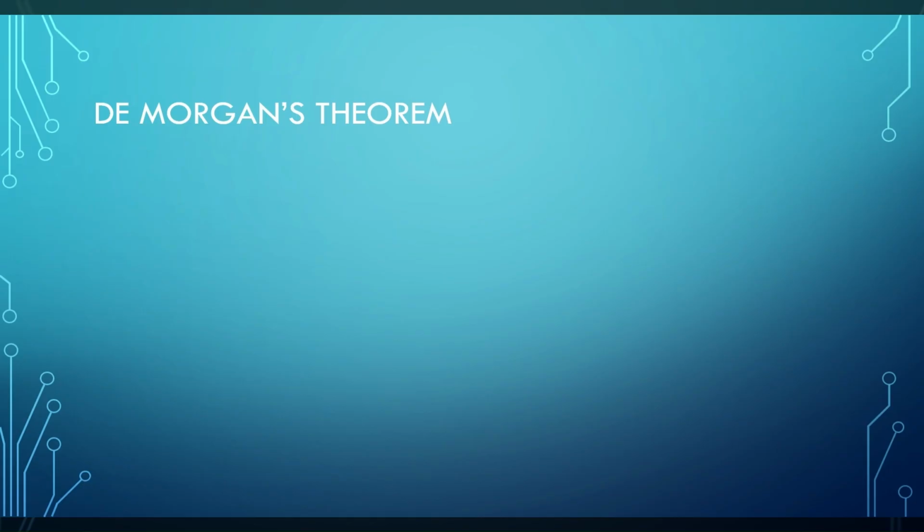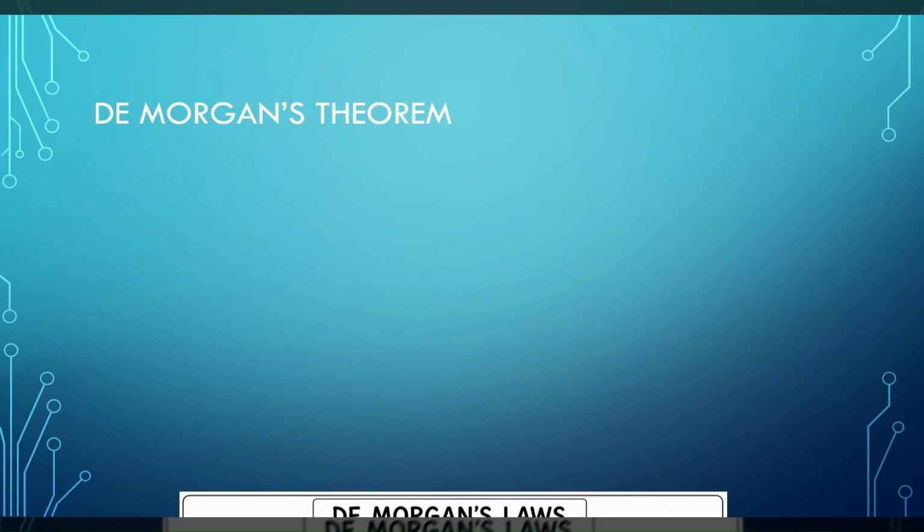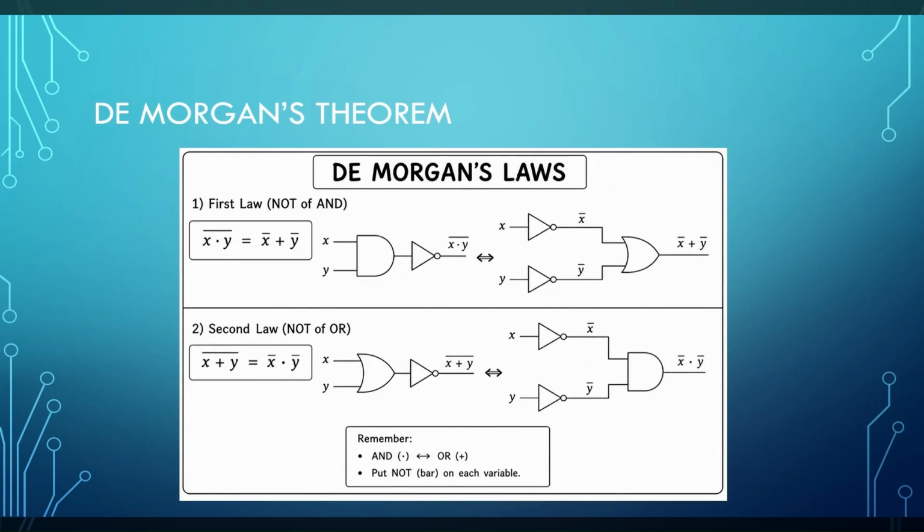Now the last law is De Morgan's theorem. This is the most important theorem in Boolean algebra. If you don't remember any of the laws, you must remember De Morgan's law. Under De Morgan's law, we have basically two theorems. First law is not of and. Here (x dot y) whole complement is equal to x complement plus y complement.